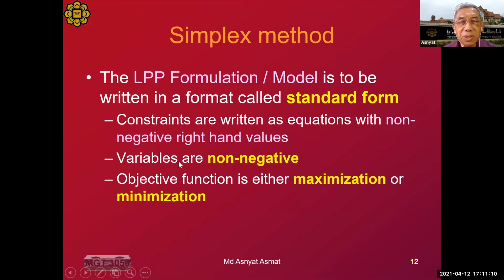Variables cannot be negative, but the coefficient can be negative. The variable itself, like table, cannot be negative, chair cannot be negative. Then the purpose, still the same, the objective function is either maximization or minimization. So similar to the graphical method.